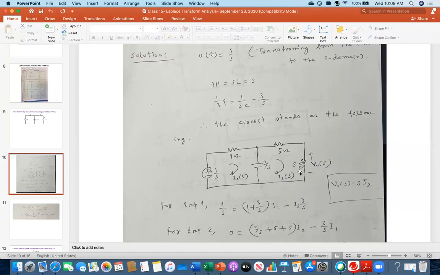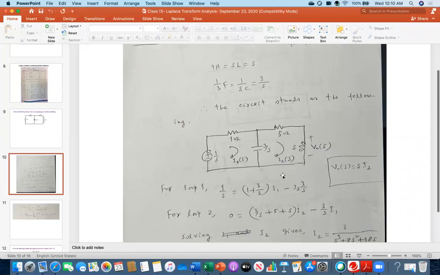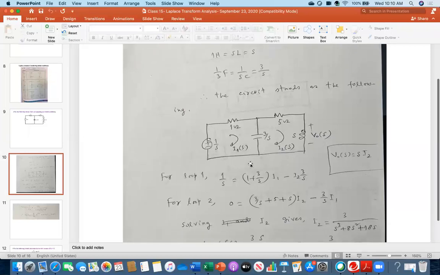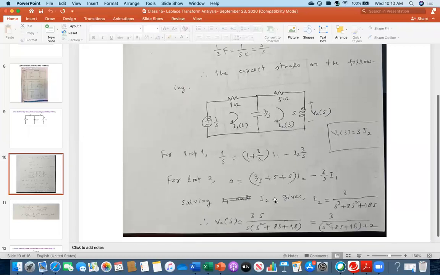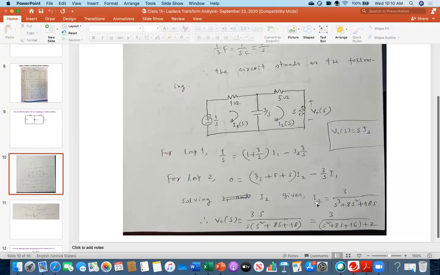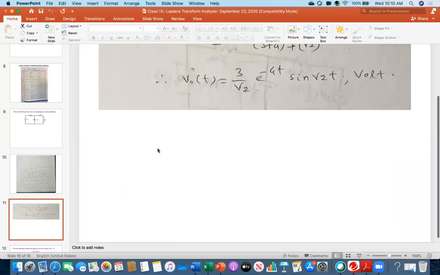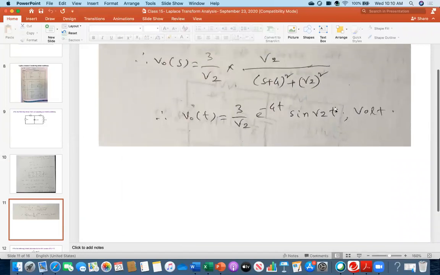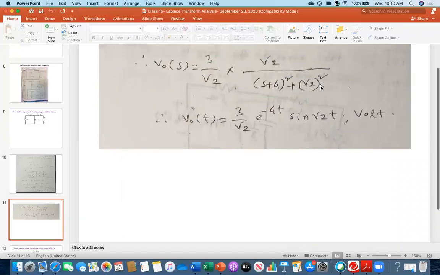So you can apply algebra and all the basic rules of circuit analysis. For example, here I am applying just the loop equation. That loop equation gave me I2, then I got V0. Because it is the s domain, I have to convert back into the time domain. And there is a technique for that, the inverse Laplace transformation technique.